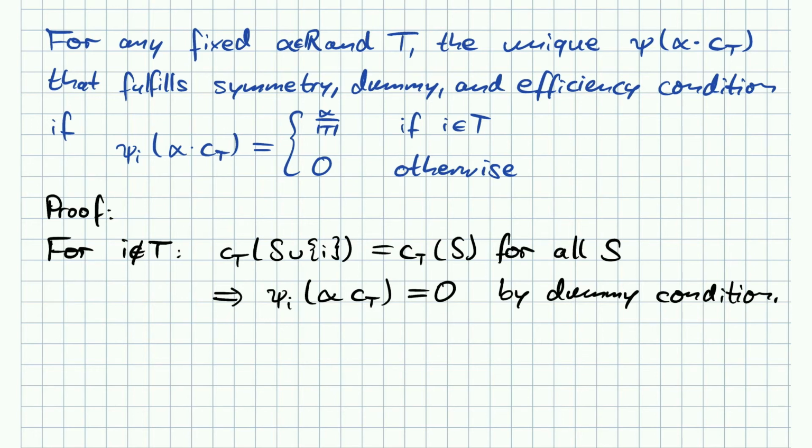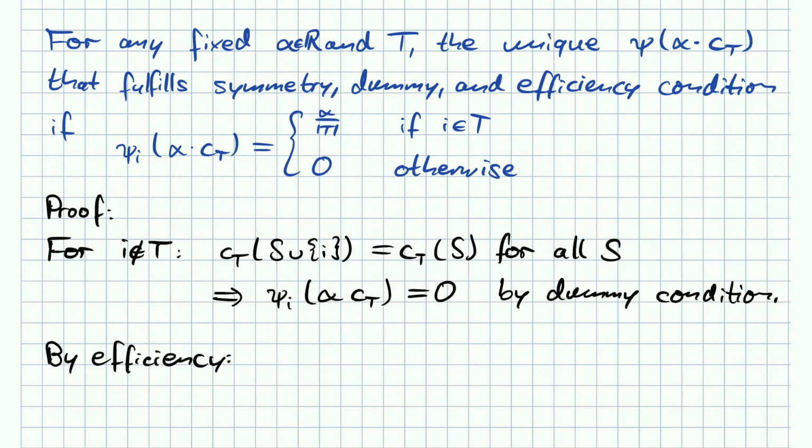So the only point is that an agent that does not belong to the set T, this cost function doesn't really care about. So by our dummy condition, it should get a cost share of 0. Now by efficiency, what else do we have?